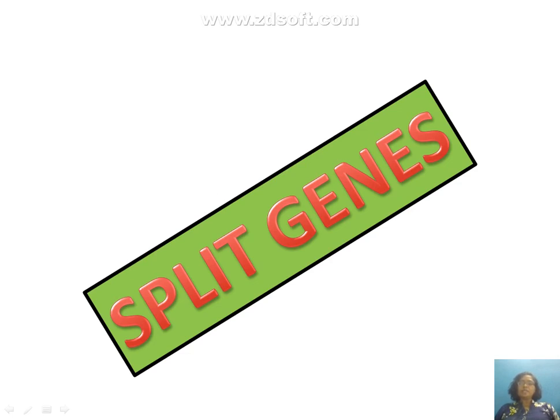But in the split genes, what happens? If you observe the messenger RNA sequence, the nucleotide sequence doesn't match one to one with the nucleotide sequence of the DNA.